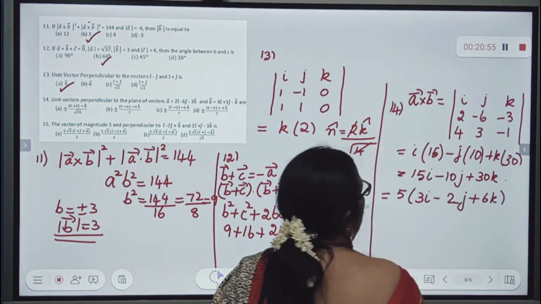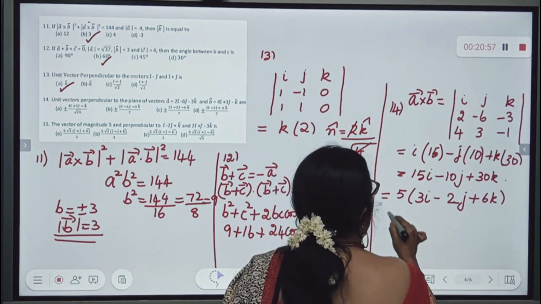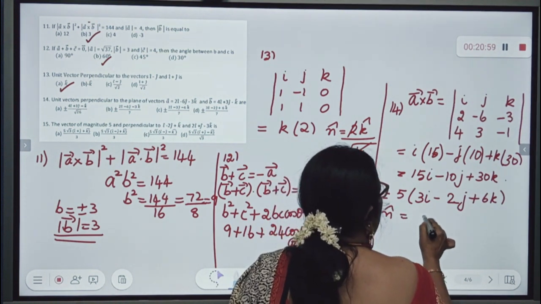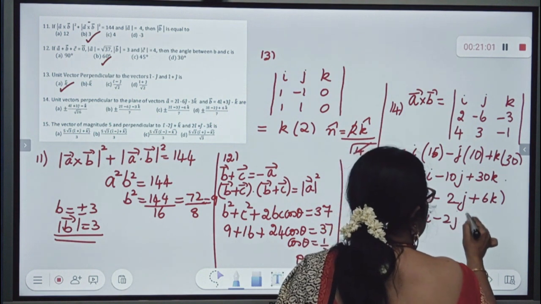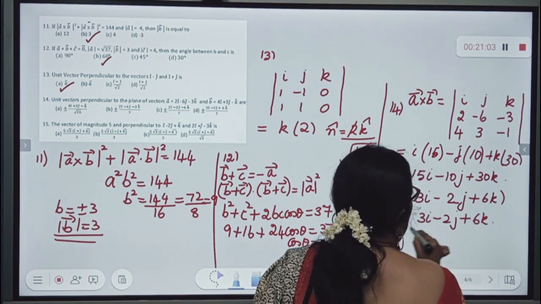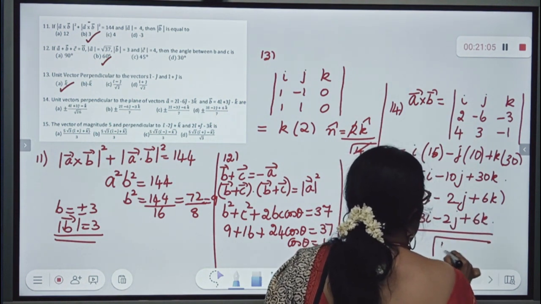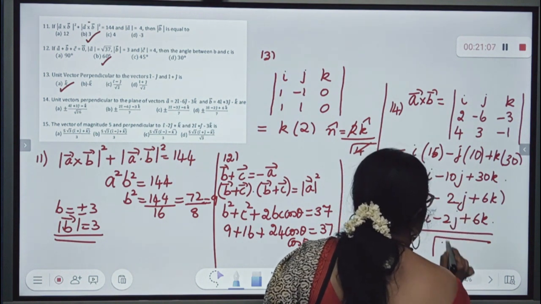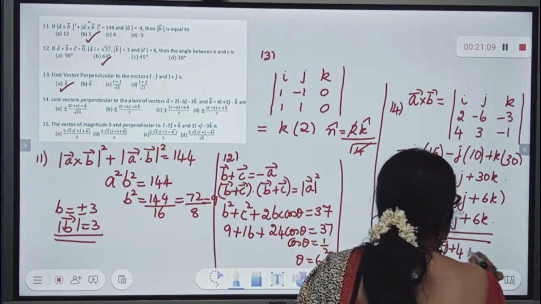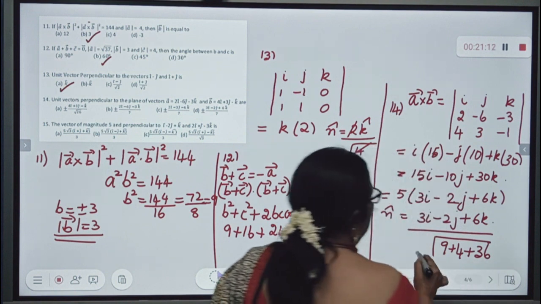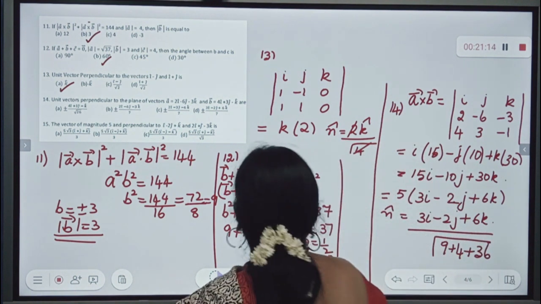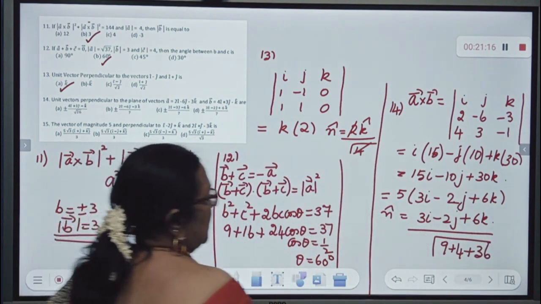This is perpendicular to the plane of A and B. But if I want a unit vector, n cap will be 3i minus 2j plus 6k by root of 9 plus 4 plus 36. So 3i minus 2j plus 6k by 7.